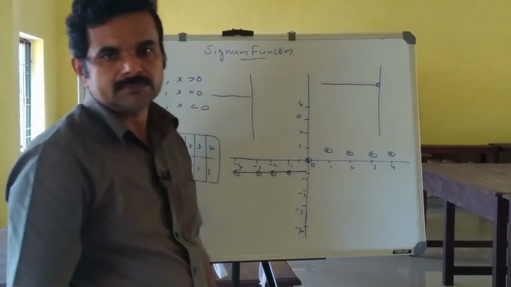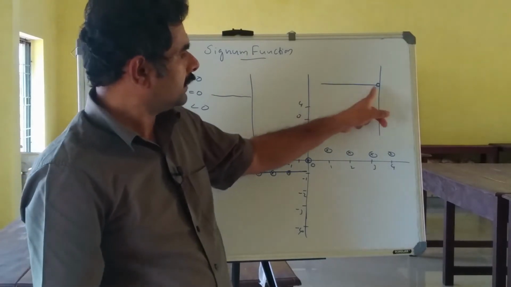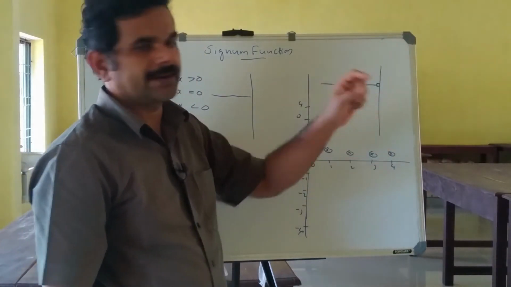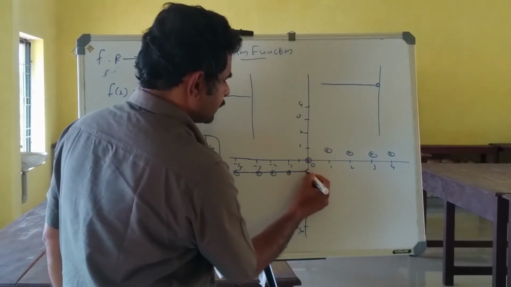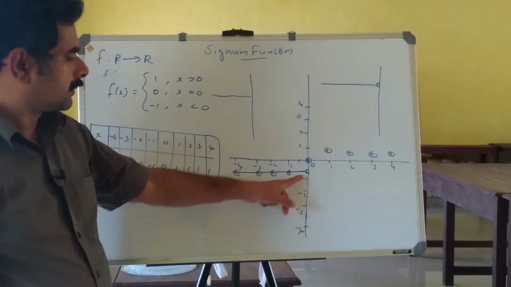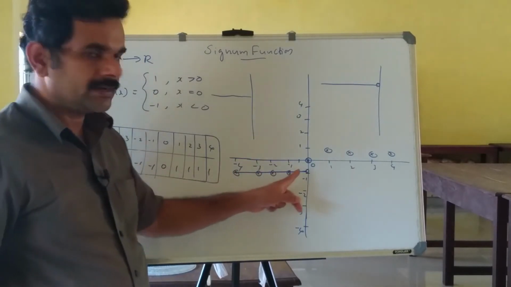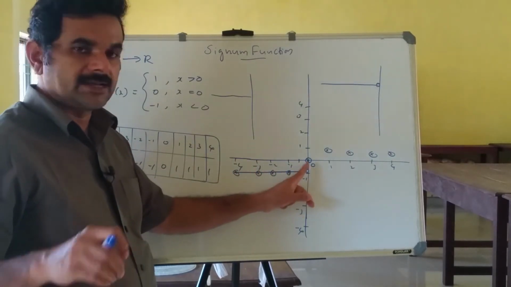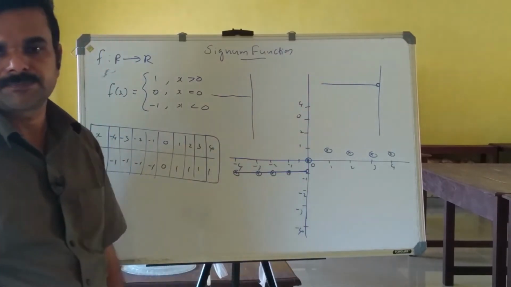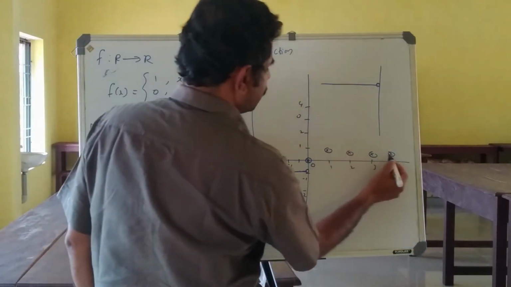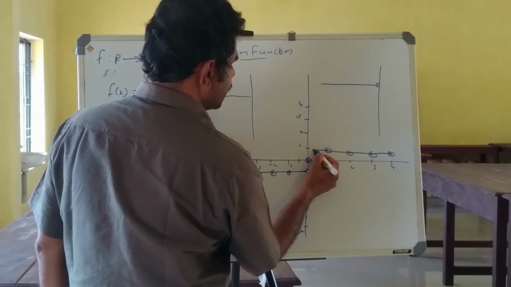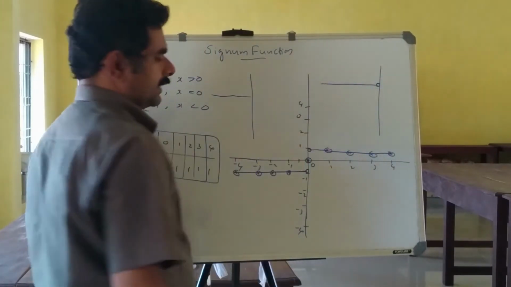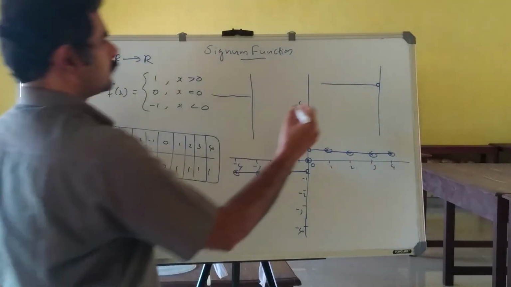This circle mark shows that the line does not touch the y-axis. Similarly, you can draw the points on the positive side, and the line moves like this, but it does not touch the y-axis.